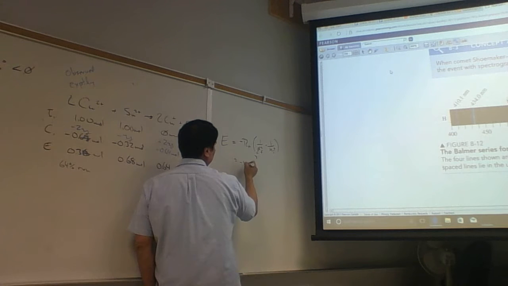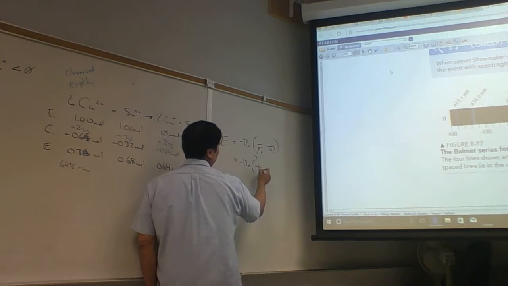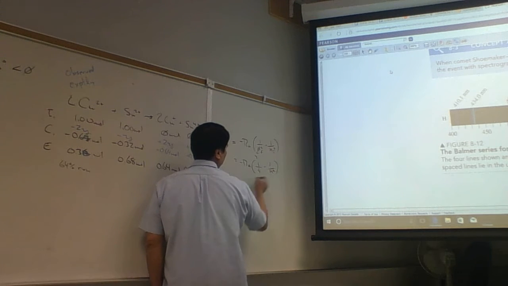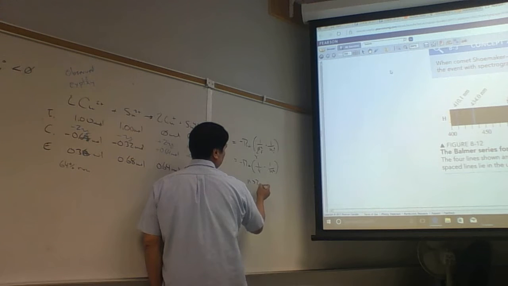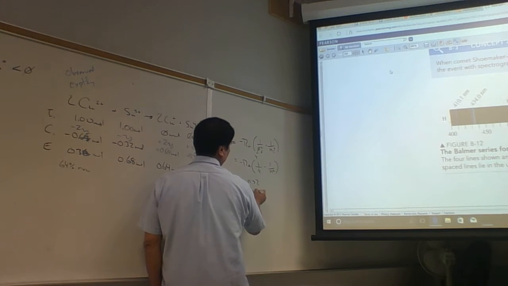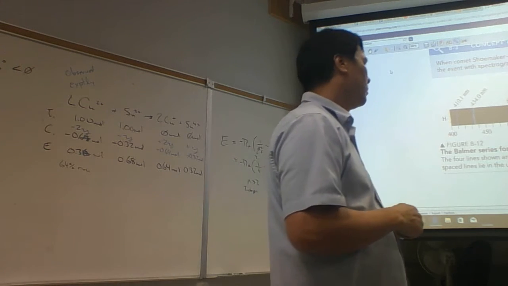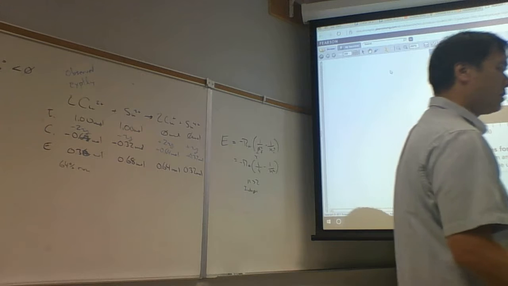So this equation, where R sub H is a constant, is 1/4 minus 1 over n squared, where n is an integer greater than 2. It's a mathematical pattern that fit the hydrogen atom spectrum.